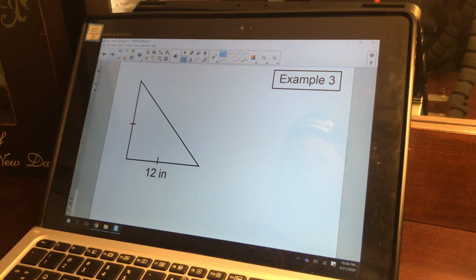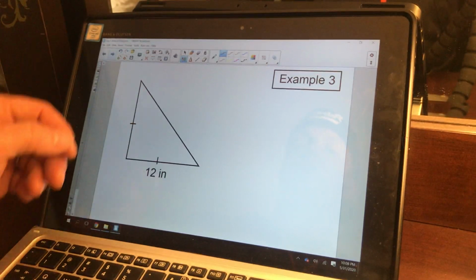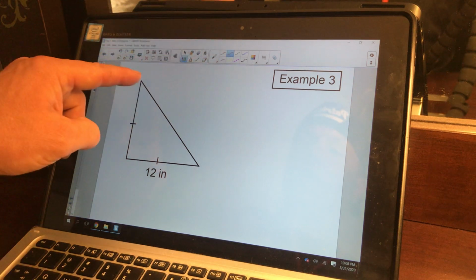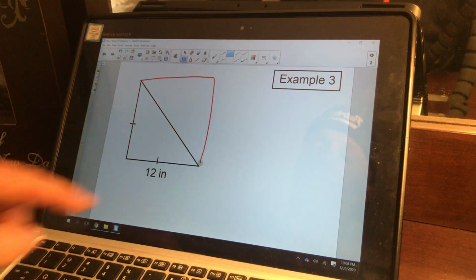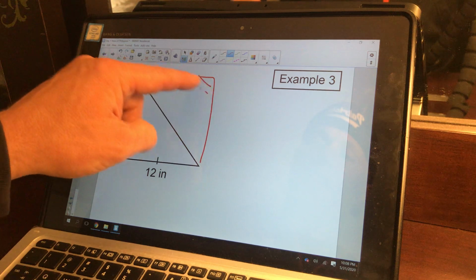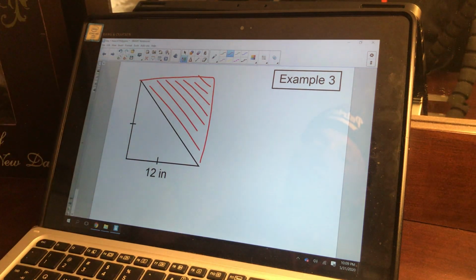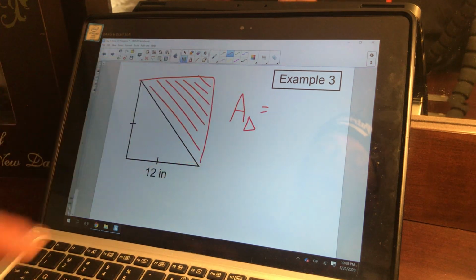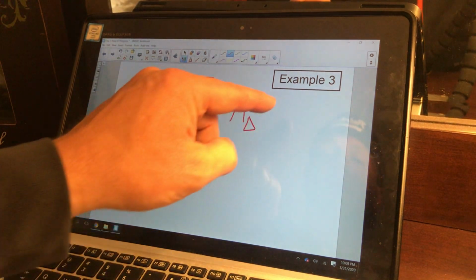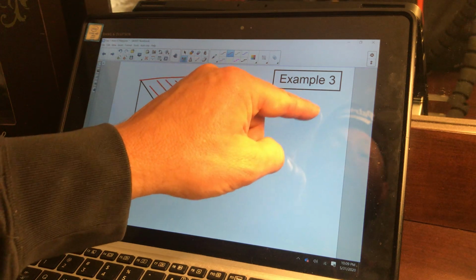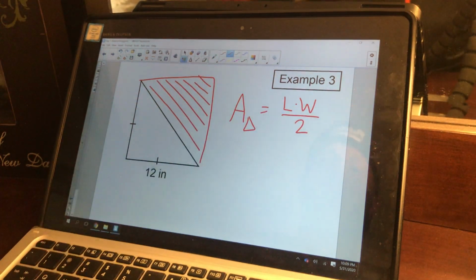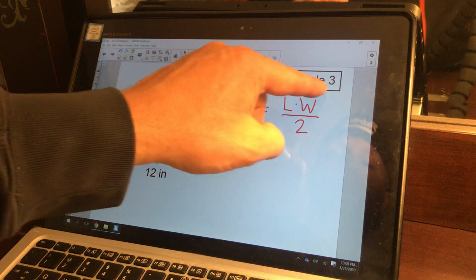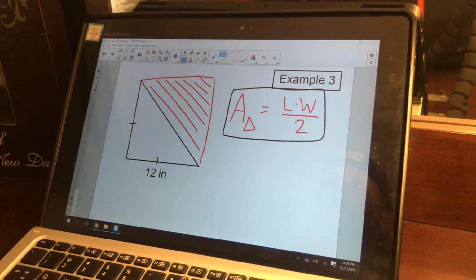Triangle. Okay, now a triangle. A couple different things about this. A triangle always used to be, it came from a four-sided figure, and then they took off half of it. So it's a lot like a rectangle in that it's going to be the length times the width, but it's only half of it. So it's length times width divided by 2. Length times width divided by 2.